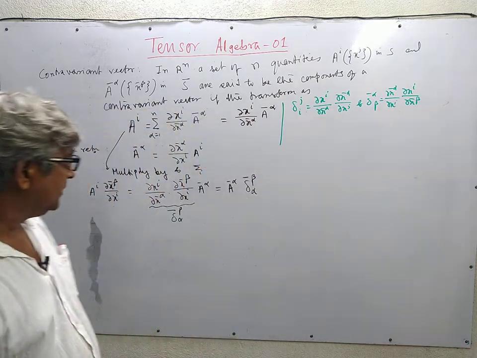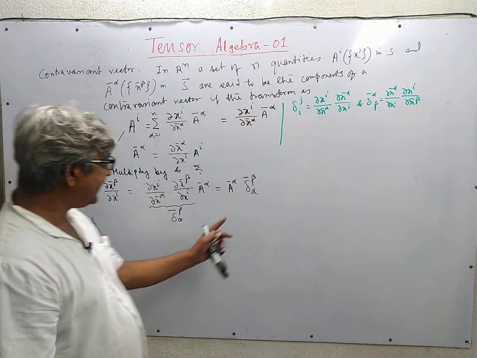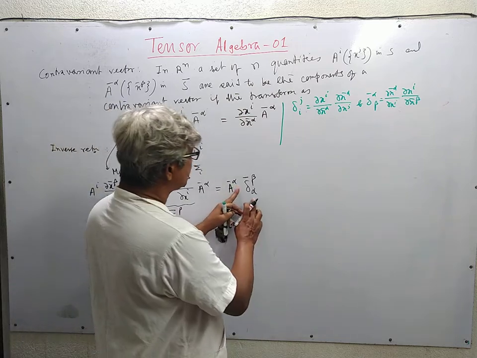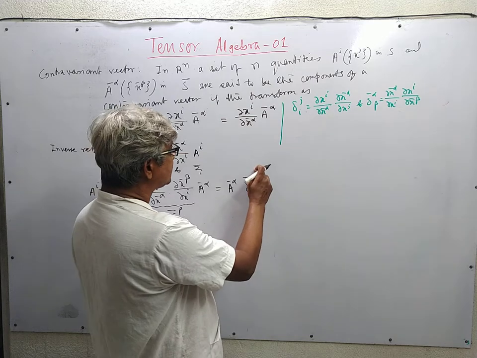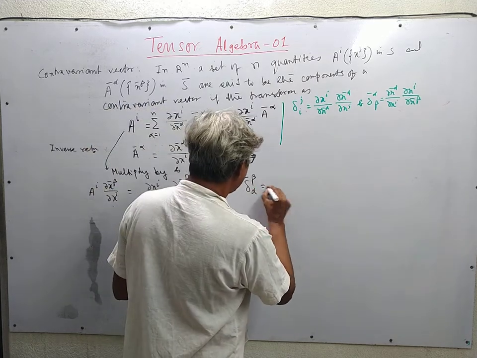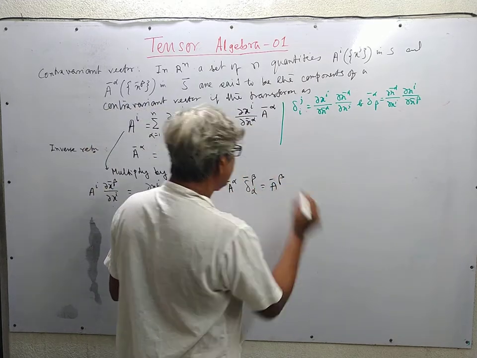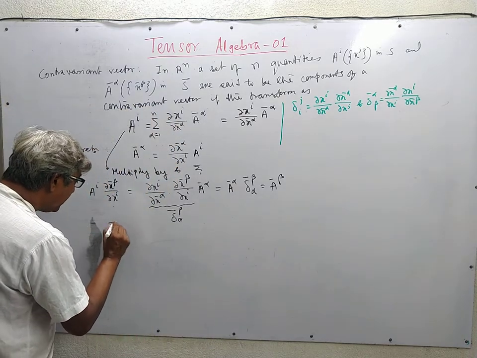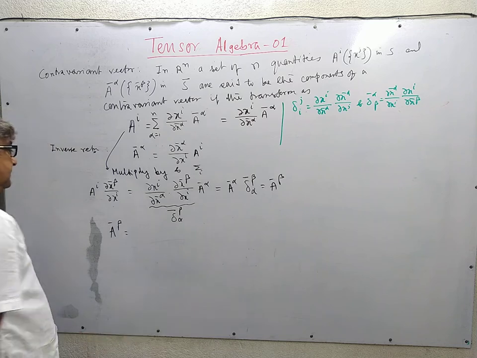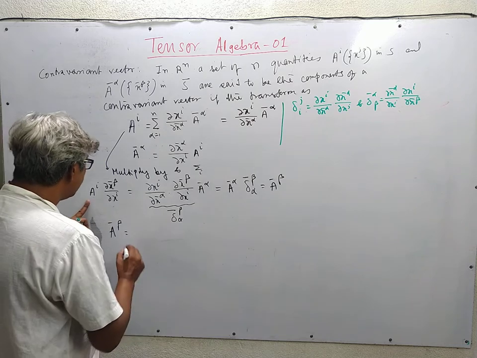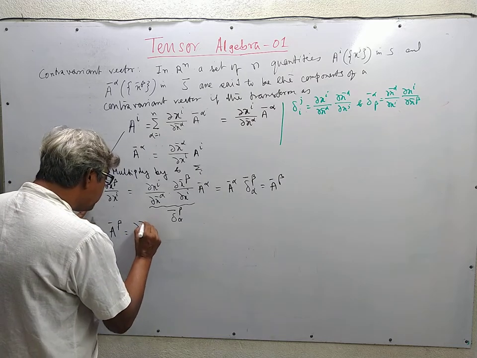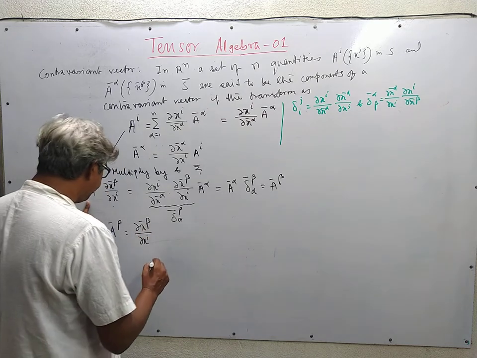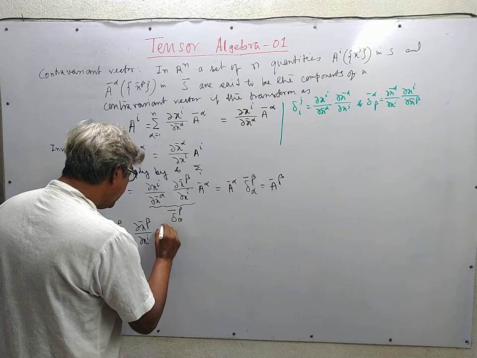And when we carry out the sum over alpha, the repeated index, which is called the dummy index, and beta is called the free index, we get a bar beta. So a bar beta is equal to del x bar beta by del xi, times ai.